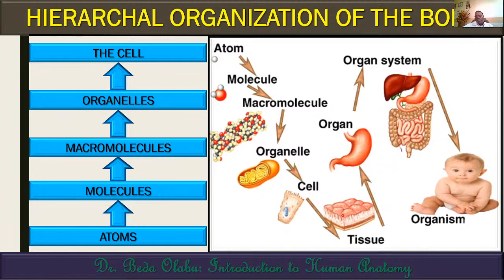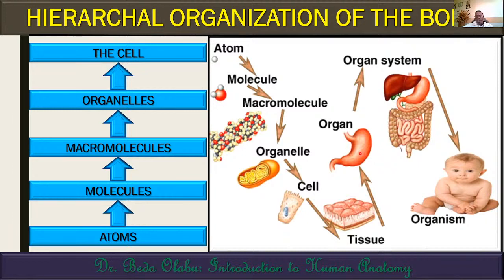When tissues combine, they form organs. And think through different organs in the body. In this image, we can see stomach. Stomach is an organ. Kidney, lung, heart, liver, uterus, all those are organs.